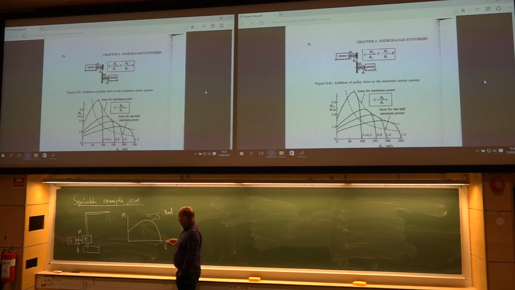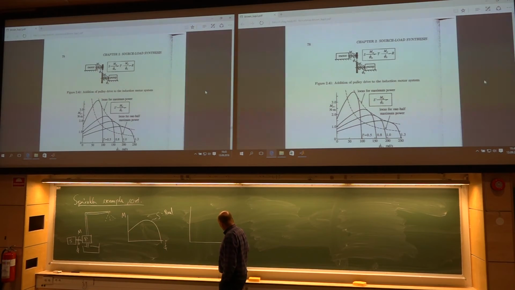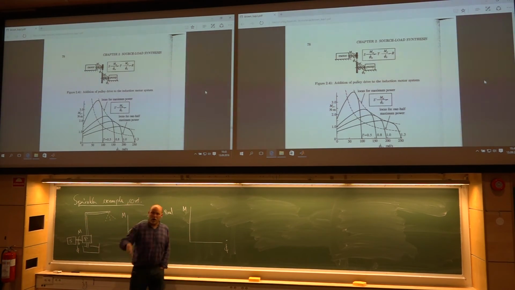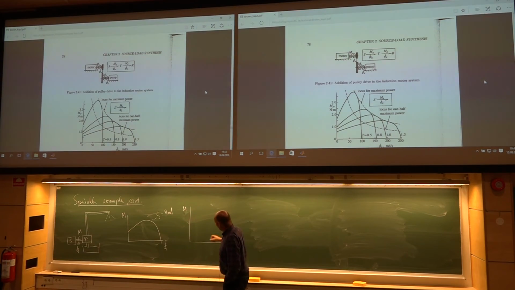For the resistance part, the load, we had the same diagram, phi dot and torque. Then it was a question of fluid resistance in the system and how high you wanted to lift the water.